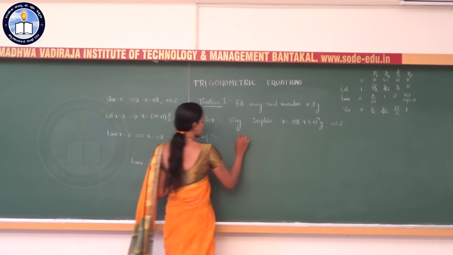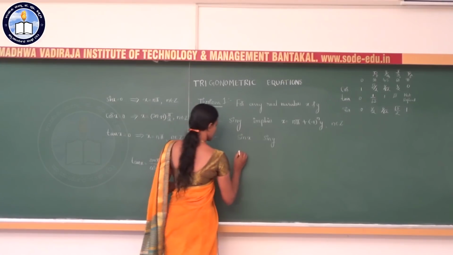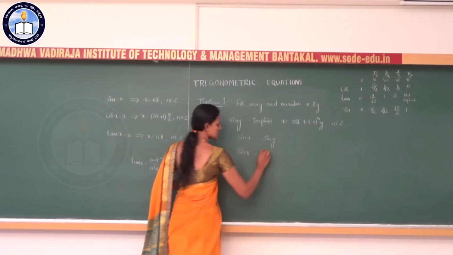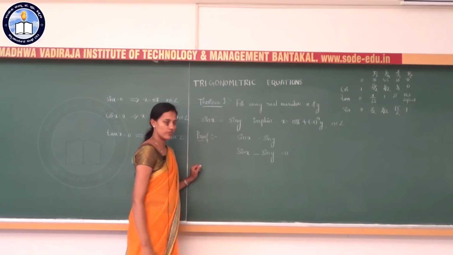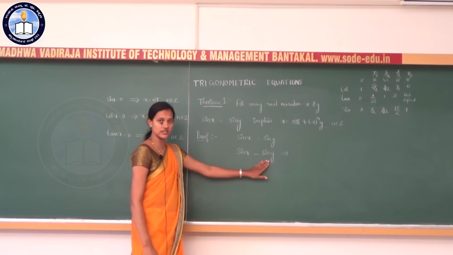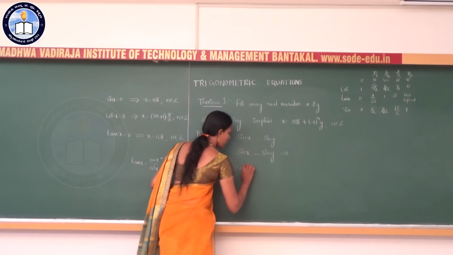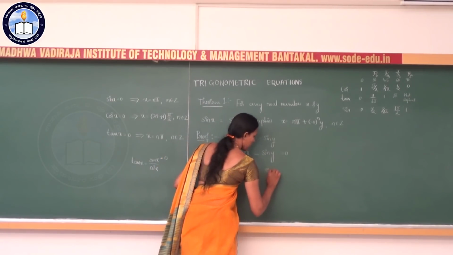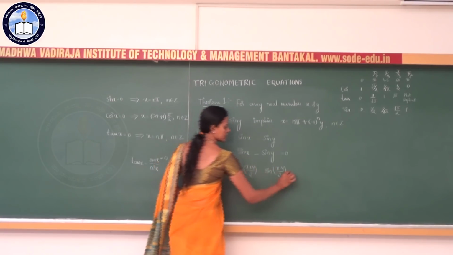Proof. We have sin x is equal to sin y, which can be rewritten as sin x minus sin y is equal to 0. And sin x minus sin y is nothing but 2 cos of (x plus y) by 2 sin of (x minus y) by 2.